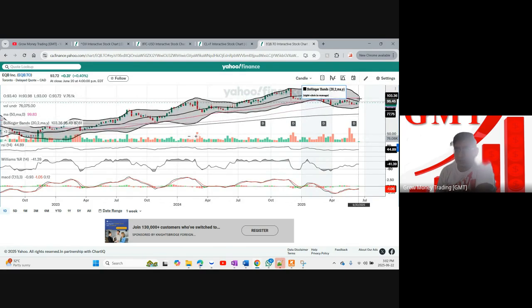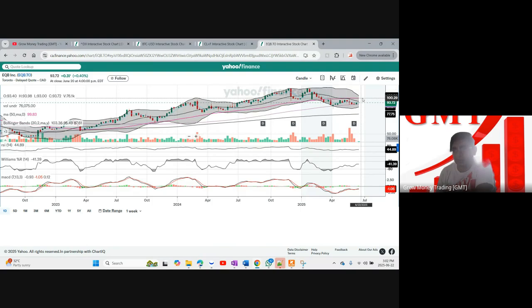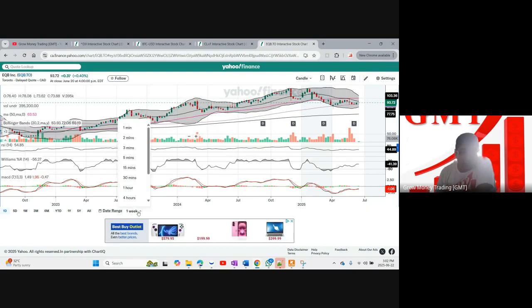The EMA here is close to 99, which could be your next target. And the upper Bollinger Band is coming downward, and if it merges with this EMA close to 100, that could be your target on a weekly basis.